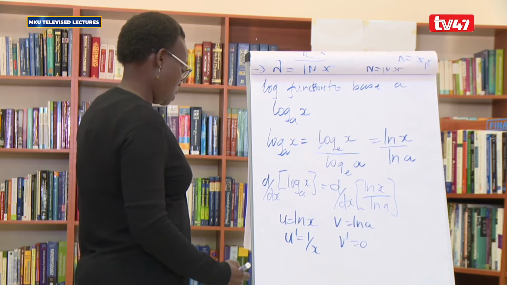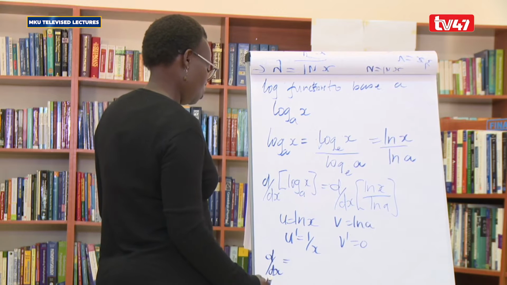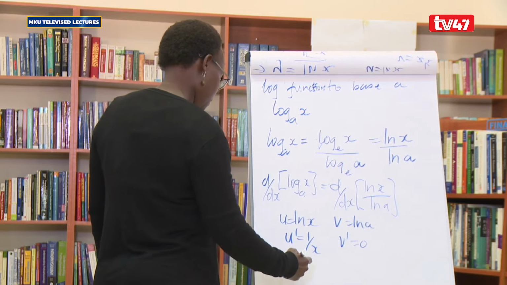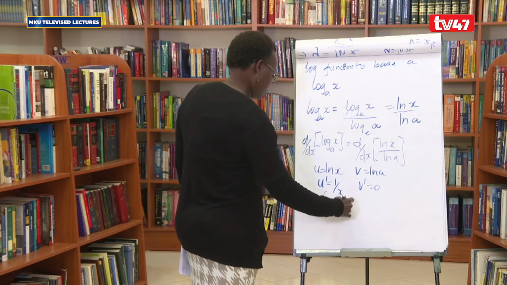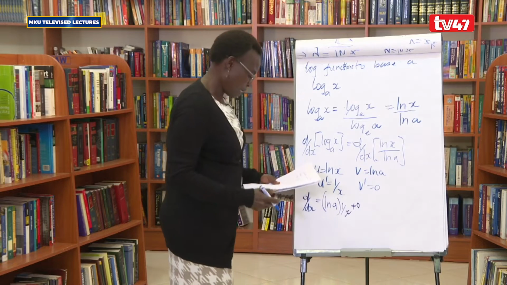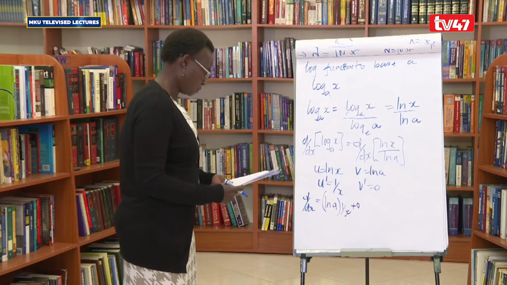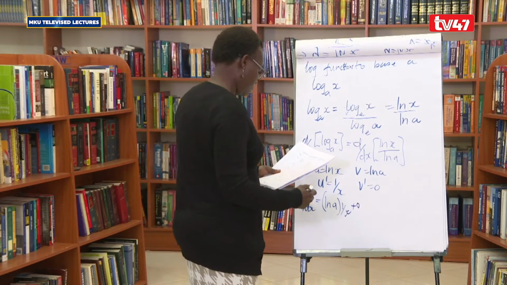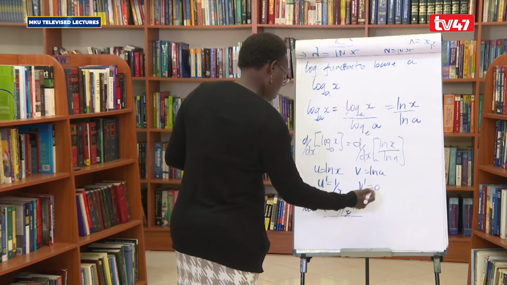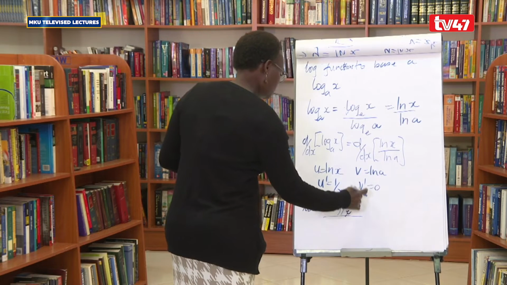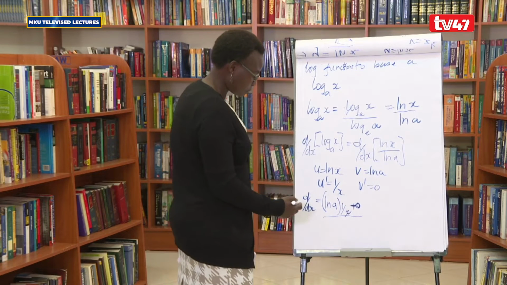So then our derivative would be u bar v, that would be ln a times 1 over x, plus 0, over, minus 0. That's minus 0 because it's the quotient rule, so that is minus, and then over v squared.